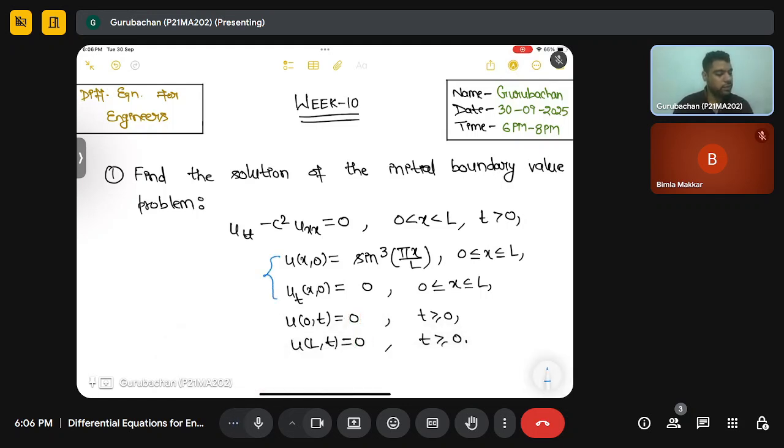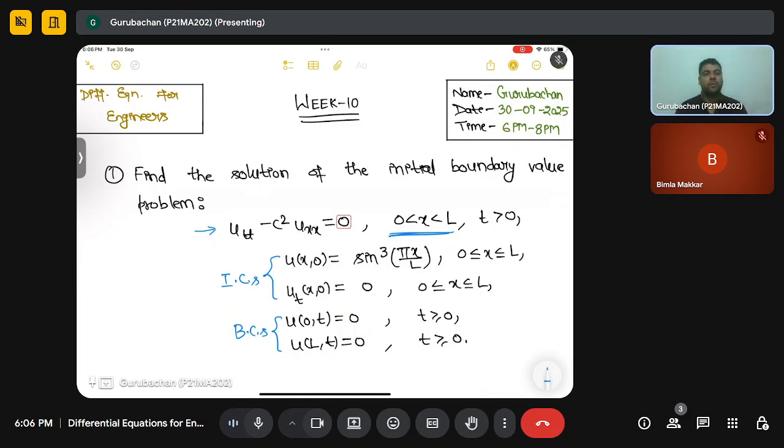If you recall, these are the initial conditions and these are the boundary conditions. Here I am saying finite: x is between 0 and L, so the length is 0 to L. The first basic thing I would like to mention is that x is not taking 0 and L in the wave equation, while when writing the initial and boundary conditions, x and t take the endpoints.